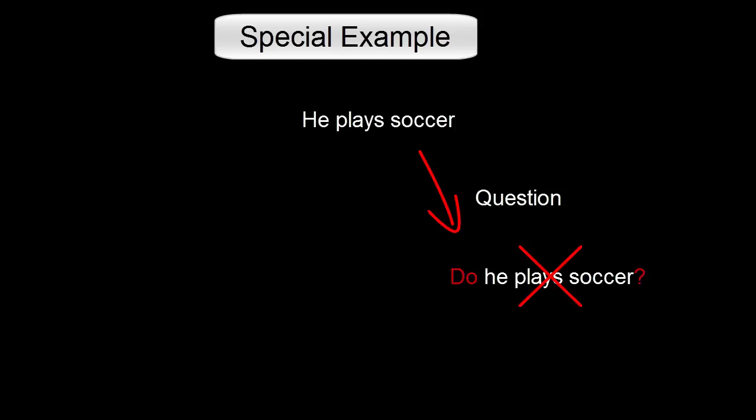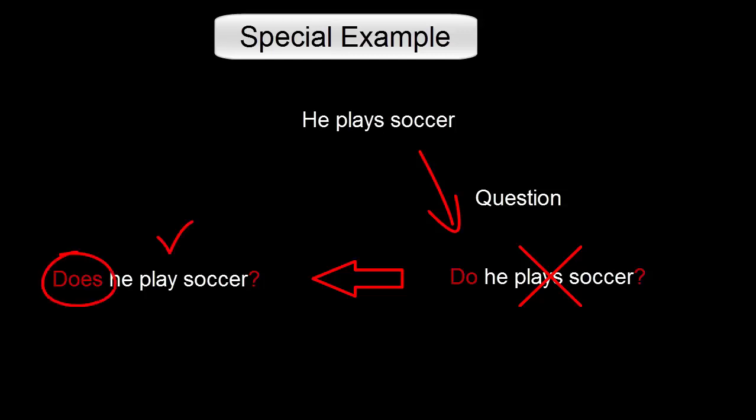We observe that we have the personal pronoun he now, so we have an s at the end of the verb. The correct question is, does he play soccer? So do becomes does because we have the personal pronoun he.